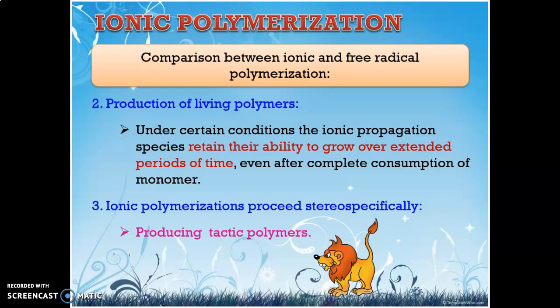Okay, production of living polymer. Under certain conditions, the ionic propagation species can retain their ability to grow over extended periods of time, even after complete consumption of monomer. So, the living polymerization we will cover at the end of this chapter, whereby living polymer can only be produced by ionic polymerization, in which chains remain active unless there is deliberate termination or chain transfer.